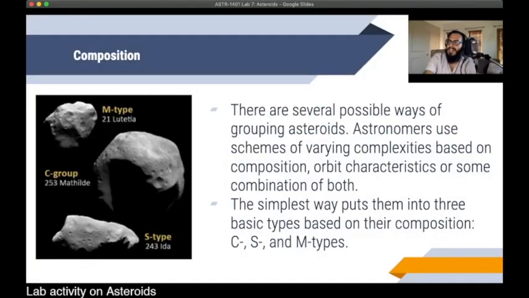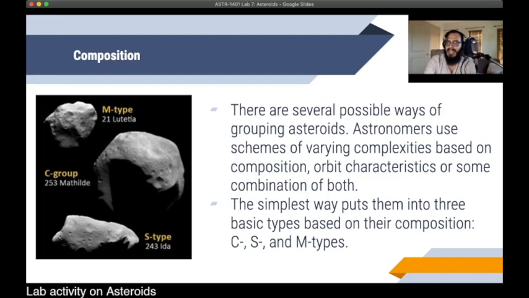Now, composition. There are several possible ways of grouping asteroids. Astronomers use schemes of varying complexities based on composition, orbit characteristics, or a combination of both. The simplest way puts them into three basic categories based on their composition: C, S, and M types.